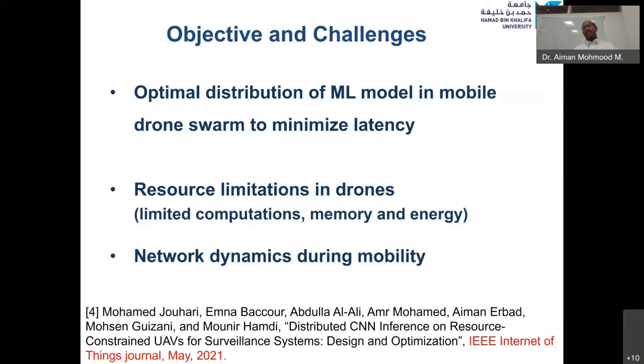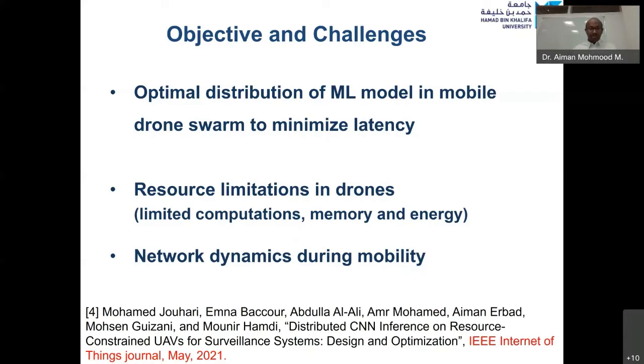There are a lot of resource constraints. Probably energy is the biggest one, but also computation and memory. And there are also very dynamic network conditions, because as we move far from or close to each other, the network is affected and the rate of sending gets affected.